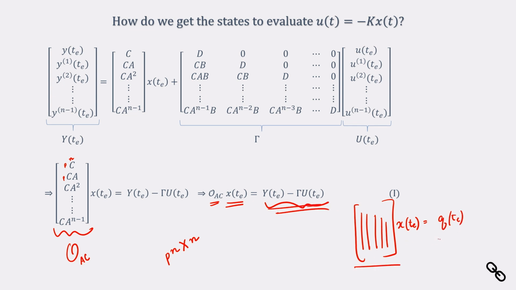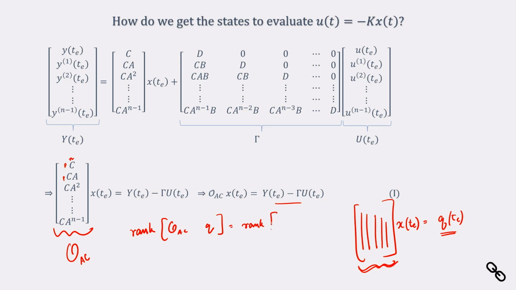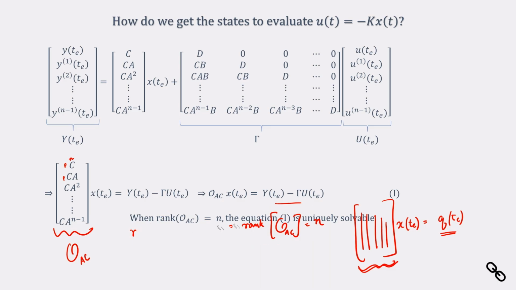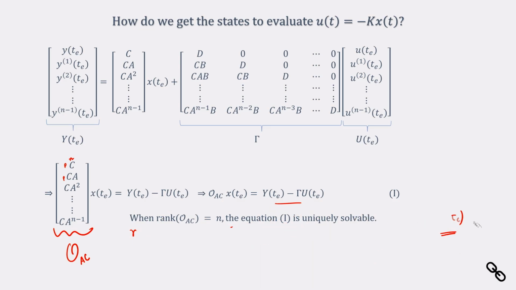So, when can I say that this equation is uniquely solvable? This equation is uniquely solvable if the rank of this matrix augmented with q t is equal to the rank of this matrix, equal to n. In other words, if I call this O A C q, the rank of O A C q equals the rank of O A C equals n. If this is satisfied, I know that I will get a unique solution, and that will happen only when the rank of this tall matrix is equal to n.